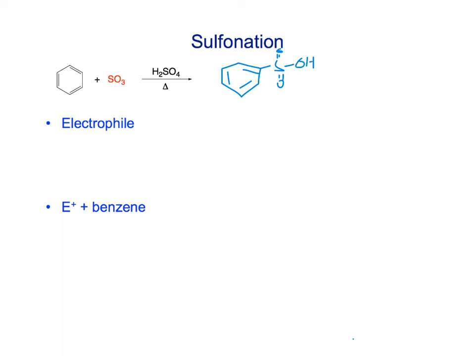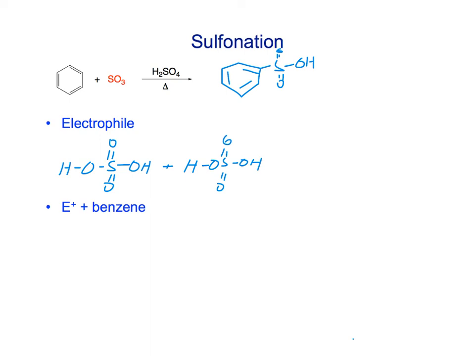Okay, I'm going to show you 2 ways to form this electrophile. Because I like the first way better, and this one is the reaction of 2 sulfuric acid molecules with each other.